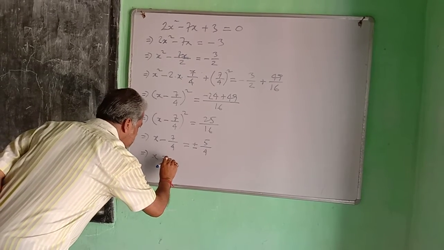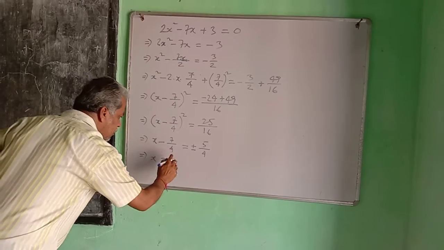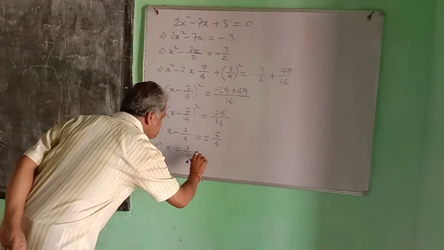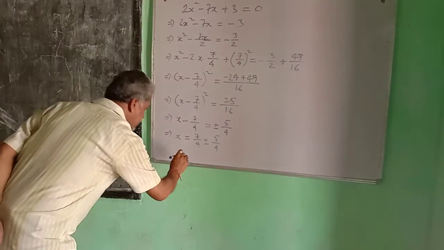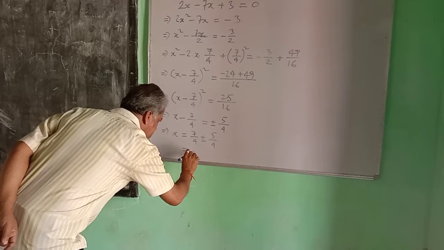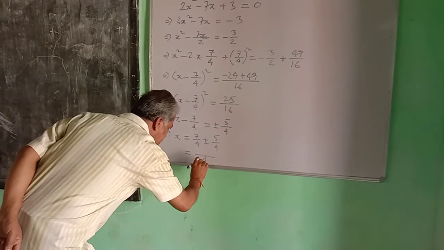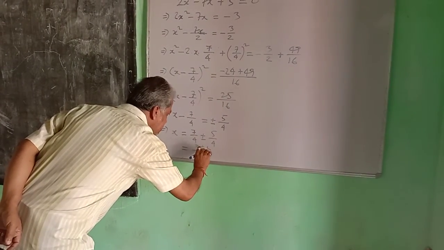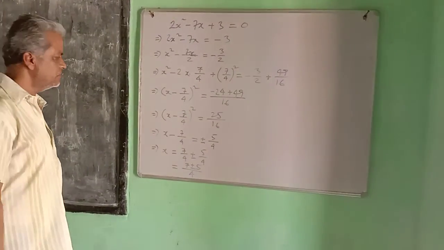X is equal to, this is negative minus 7 by 4, so on the right hand side it will be positive 7 by 4 plus minus 5 by 4. On simplification of the right hand side only, we get LCM 4 and the numerator is 7 plus minus 5 divided by 4.